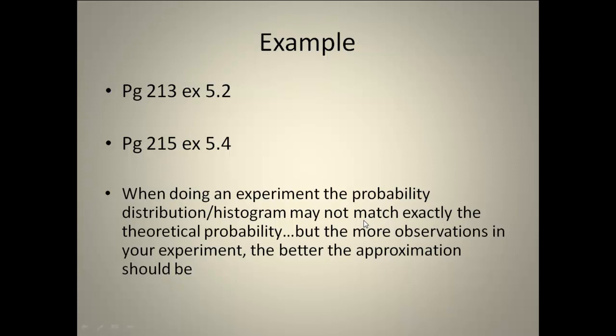They give you an example of this on page 221 in your book, where they have done a simulation. It's down towards the bottom, figure 5.3, and they show you how after you do a lot of observations, you actually come closer to that red dotted line, which is the theoretical probability. So the more observations that you do, the better your experiment is going to represent your theoretical probability.